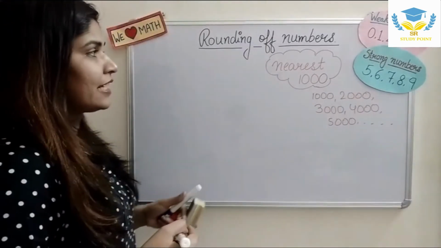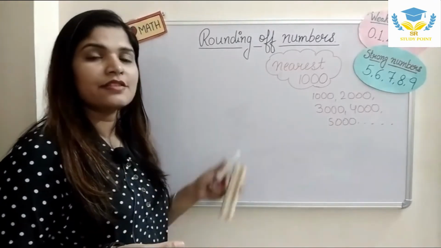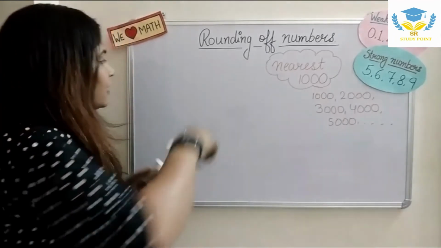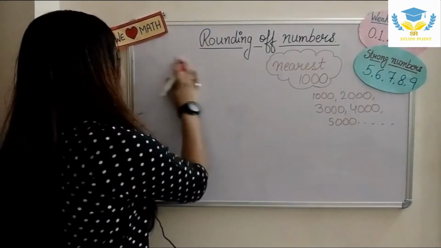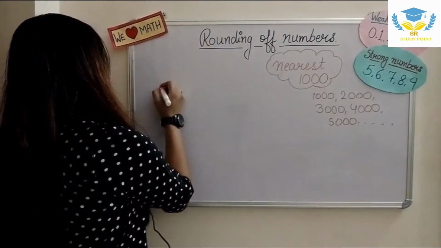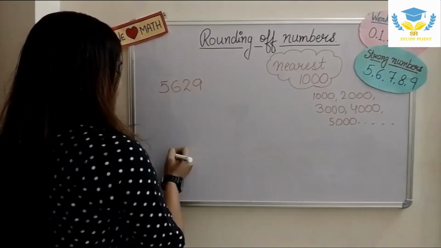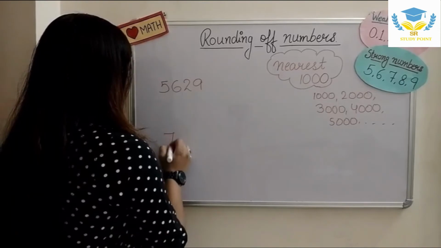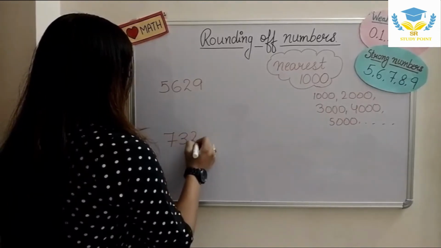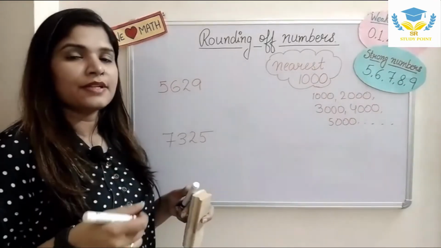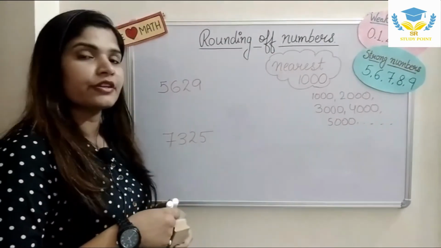So let me take examples which we are going to round off to the nearest 1000. I am taking a 4-digit number, that is 5, 6, 2, 9. One more number, 7, 3, 2, 5. Okay, let us see these two examples first, and then we'll move further.